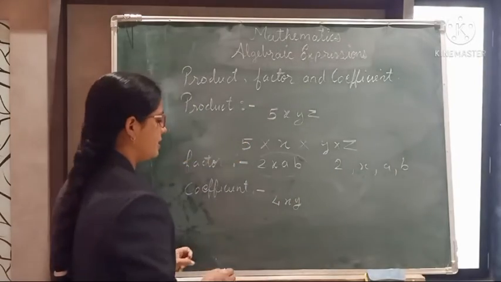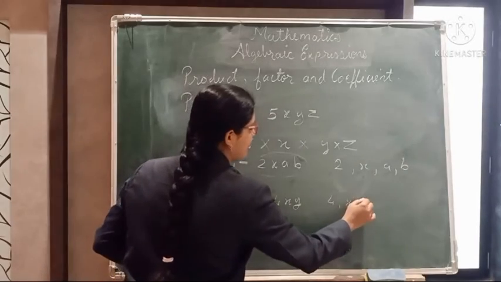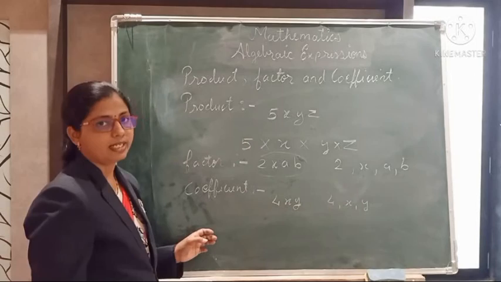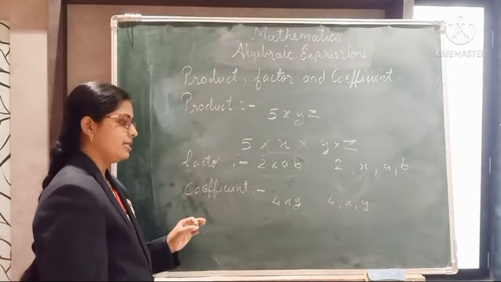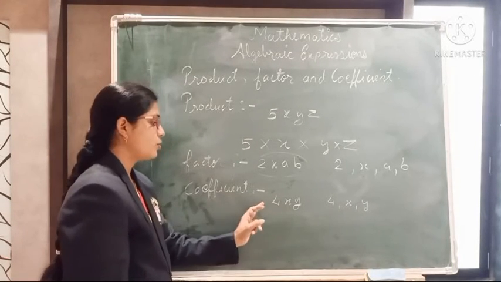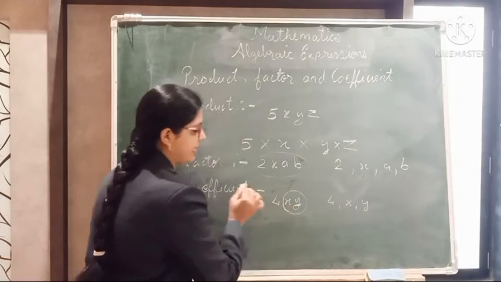Here you can see this is a product of 4, x and y, meaning 4, x and y are the factors of 4xy. In this, if I ask for the coefficient of 4, the coefficient of 4 will be xy.